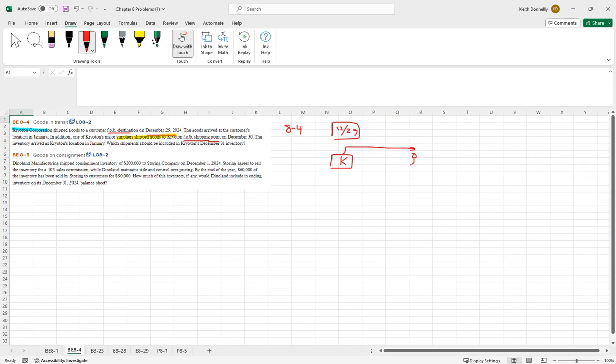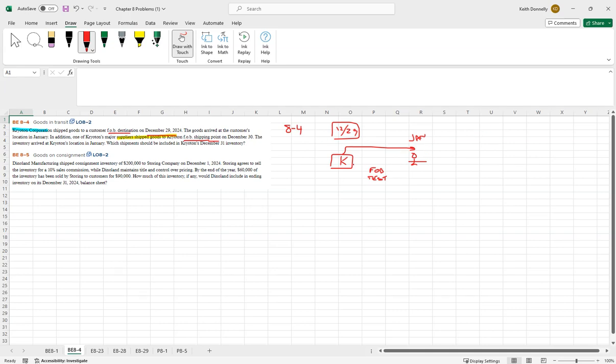So in this case, they are the seller, and the terms of that are going to be FOB destination, right? And that guy doesn't get it until sometime in January.